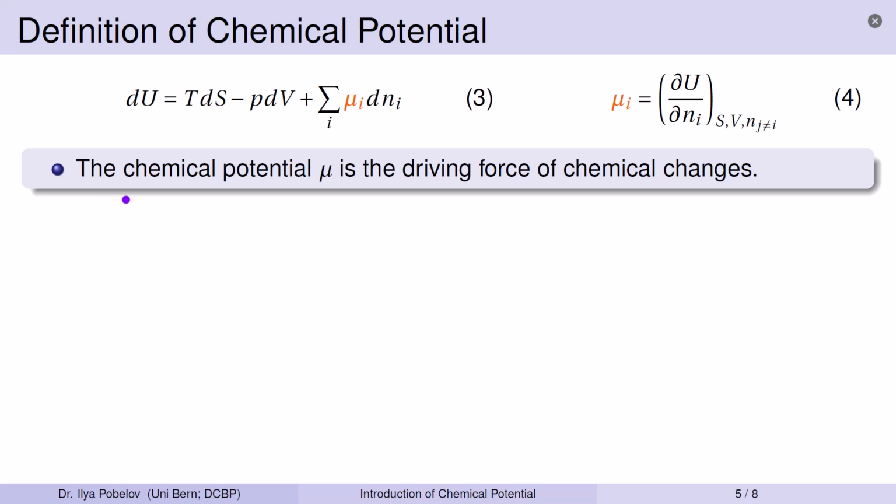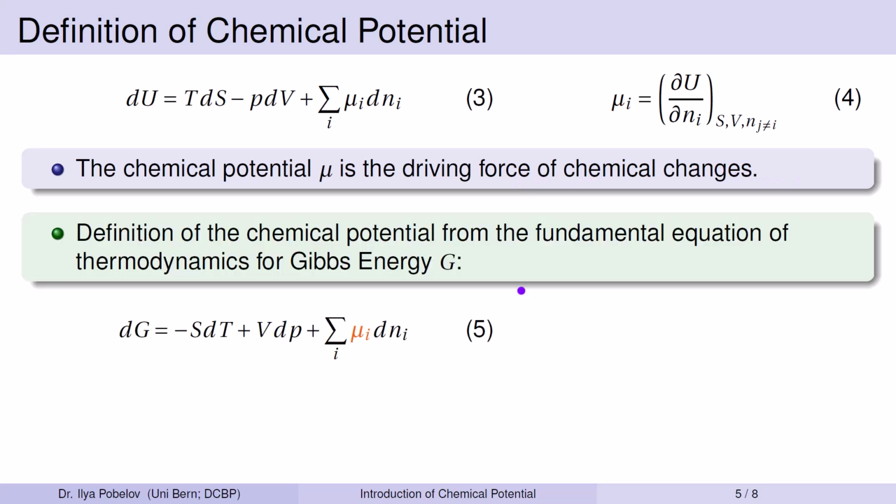This formal treatment allows us to define the chemical potential as the driving force of chemical changes. The chemical potential can also be defined using the fundamental equation of thermodynamics for Gibbs energy G. The chemical potential of a species i, represented as mu_i, is the partial derivative of Gibbs energy with respect to the change in the amount of substance of the species i at constant temperature, pressure, and the number of particles of all other types.